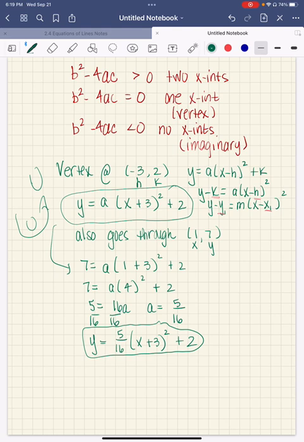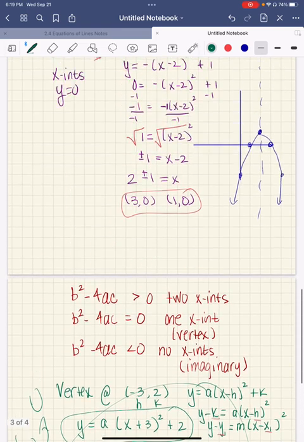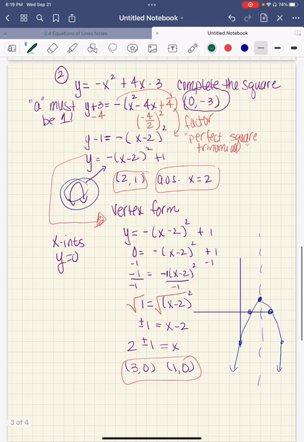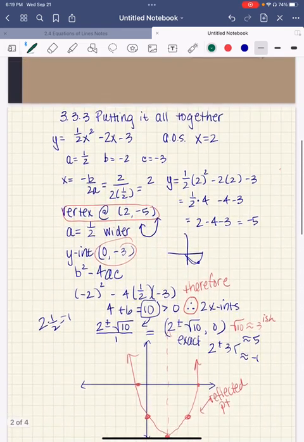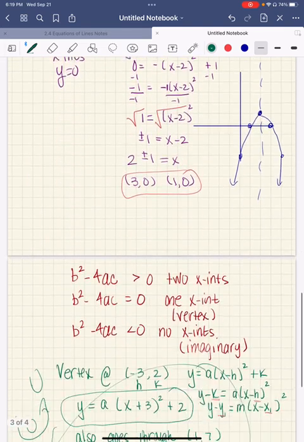Okay. So things to know. How to write an equation, which is what I just did in this example right here. The discriminant. Completing the square and finding all of the information. And then the first problem I did was a problem in standard form and finding all of the information. So you have a quiz next week.